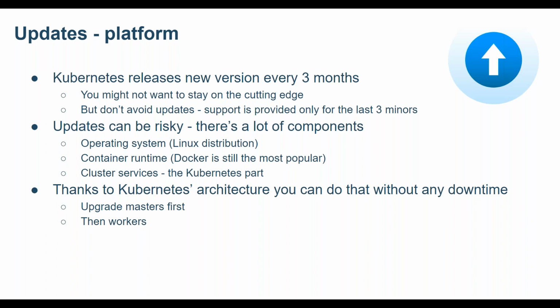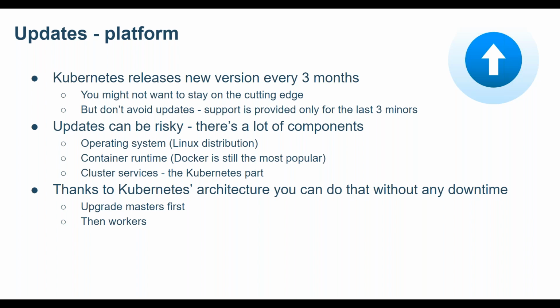And the problem is that Kubernetes updates can be risky. Like you've seen, we have many layers, like the operating system, so basically your Linux distribution, the container runtime, where Docker is still the most popular, but you can use something else if you have a reason to. And only then there are cluster services, the Kubernetes part, like the API server, scheduler, and so on.